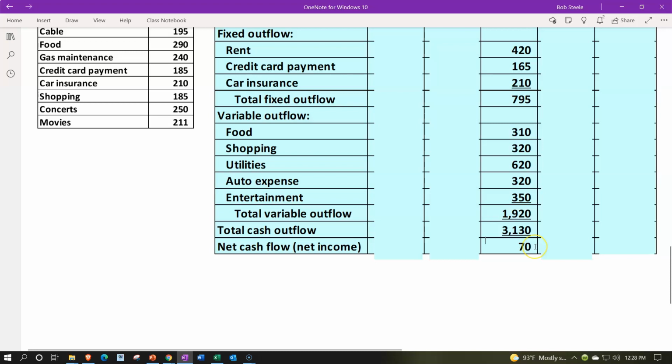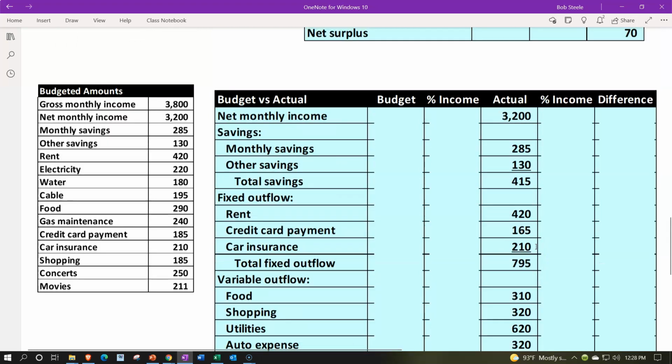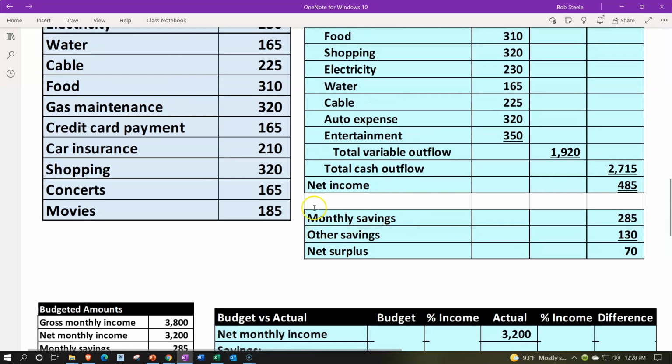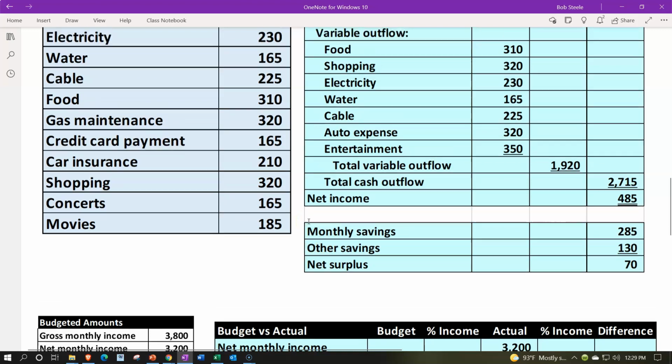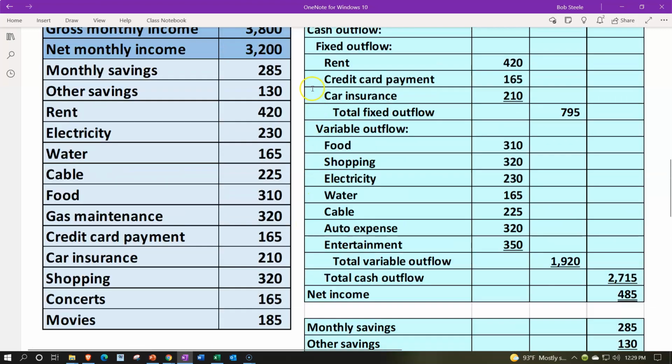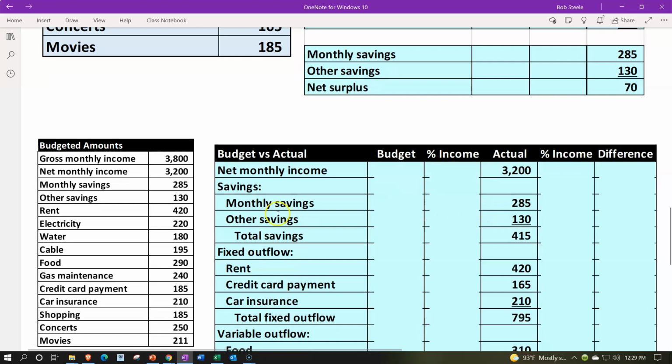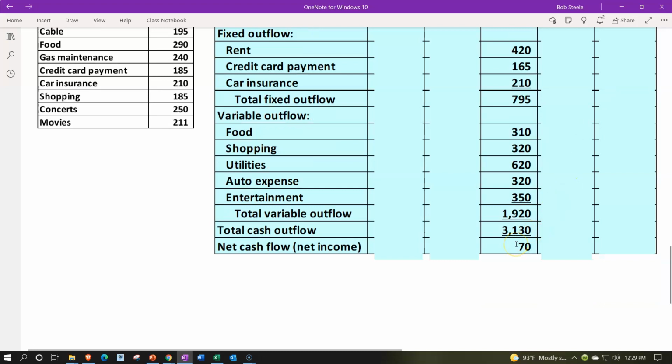That gives us the $70. Notice we did vary the format a little bit in that we picked up these savings amounts and we put them up top, assuming in our budget, right? We put them up top in this category here, assuming that the saving amount is going to be a fixed amount. We're looking at a cash flow kind of basis, that then gets us down to that same 70 that we see down below.